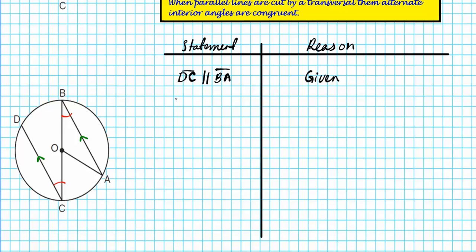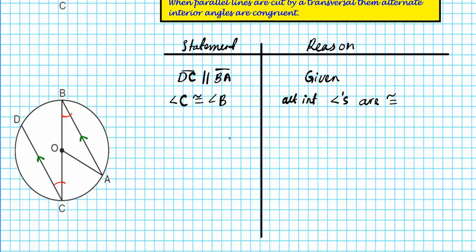So let's go ahead and write that down. Angle C is congruent to angle B because in this scenario, alternate interior angles are congruent when you have two parallel lines cut by a transversal.